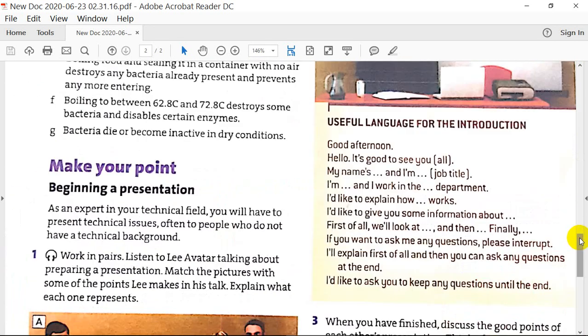Come back to the next page. We have here what? Make your point, beginning a presentation. What's the meaning of making your point or beginning a presentation?